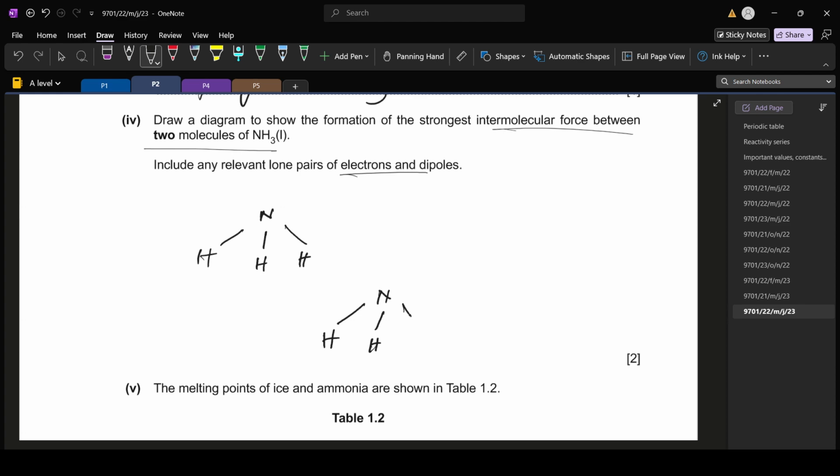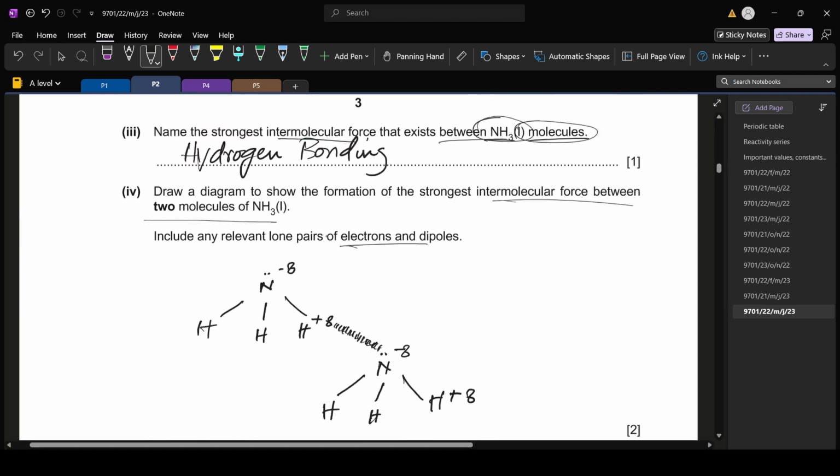Here you have a lone pair and a partial positive charge, and here a lone pair, with partial negative and partial positive charges. The hydrogen bonding goes from the partial positive charge on the hydrogen to the lone pair of nitrogen. You show the hydrogen bonding between these. That's how you show hydrogen bonding between two molecules of ammonia.